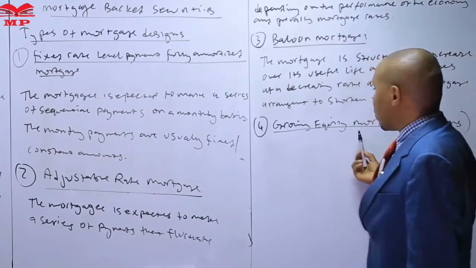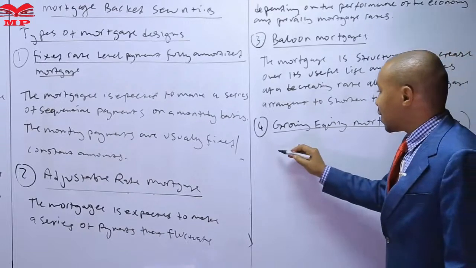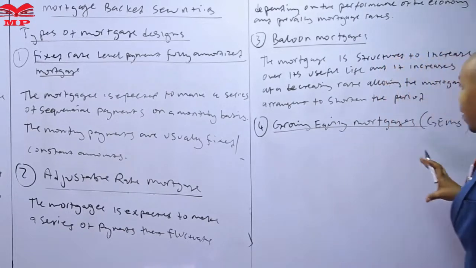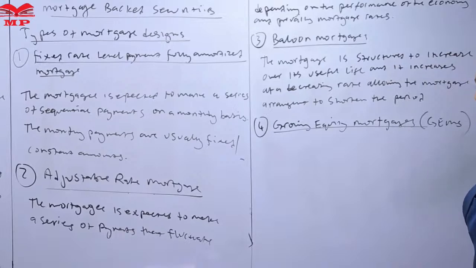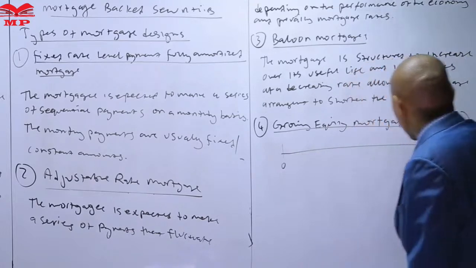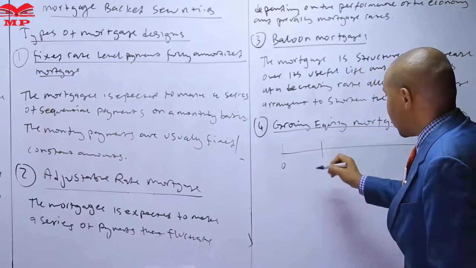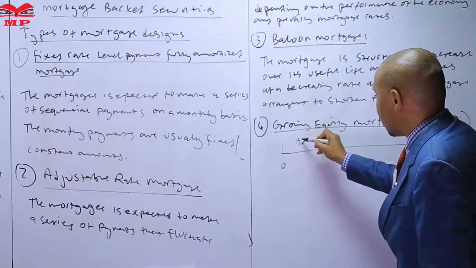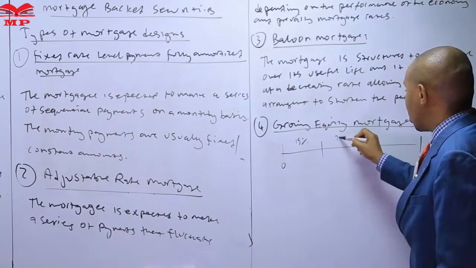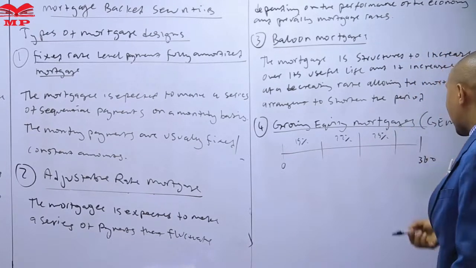Now the growing equity mortgage is almost similar to the balloon mortgage, but it increases at a very high rate. So you're increasing from 0 to 360, from 0 to probably 15%, then it increases to 22%, then to 25%, and so on and so forth.